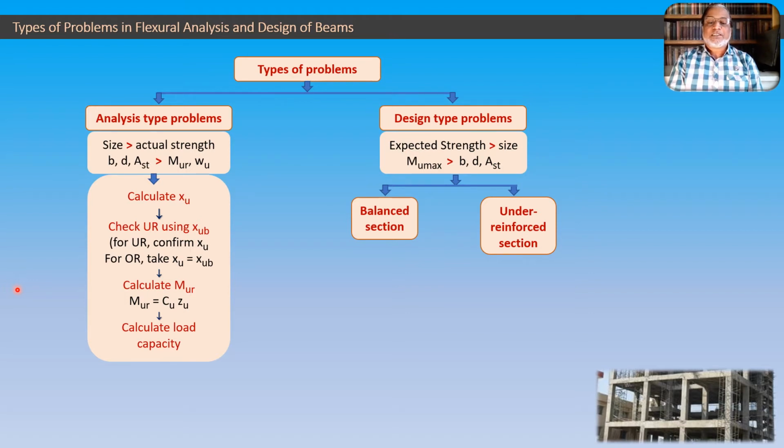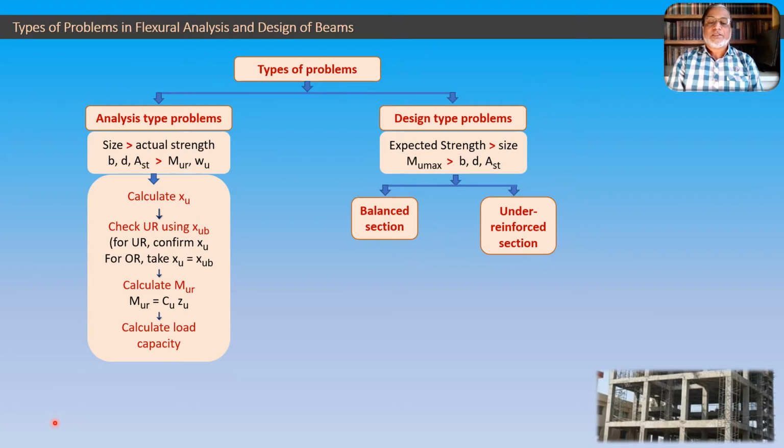IS 456 does not allow us to design over reinforced sections. We have taken a detailed study of all these things in the earlier video. This is just a review. So we are aware that over reinforced sections are not to be considered. That is why the design problem consists of either balanced section design or under reinforced section design.